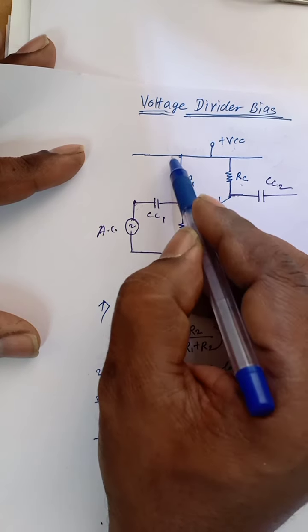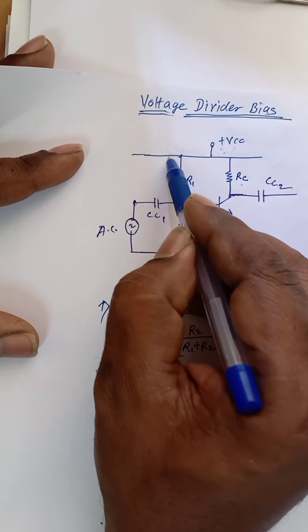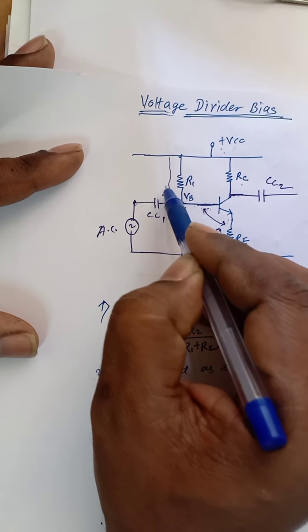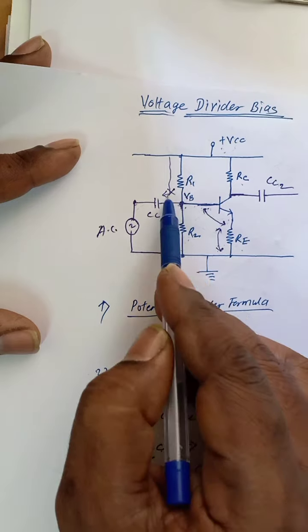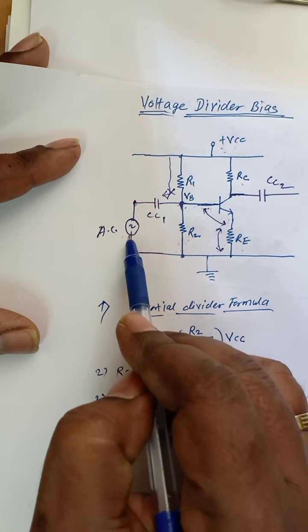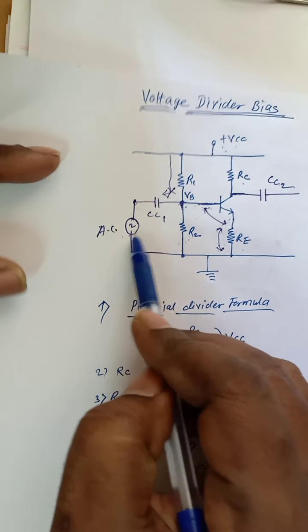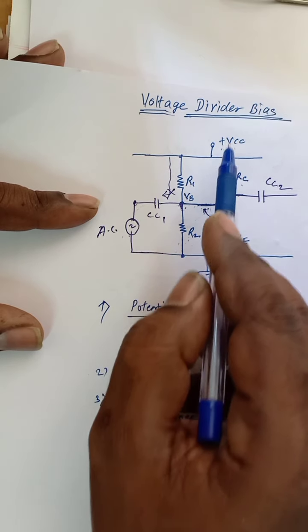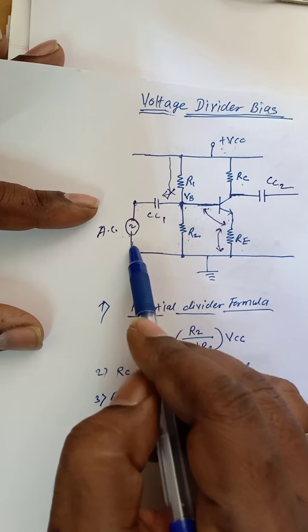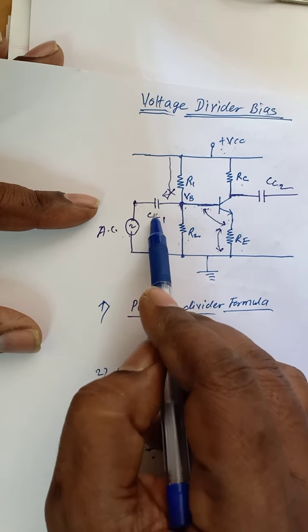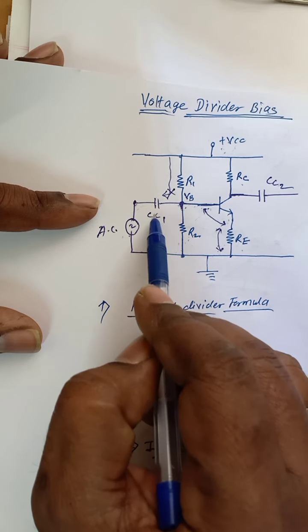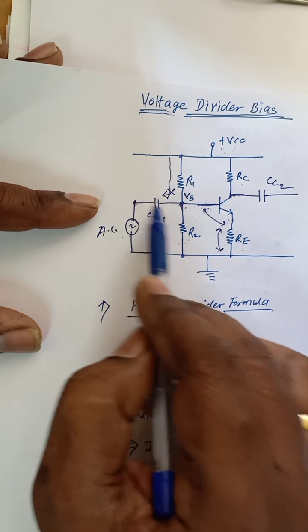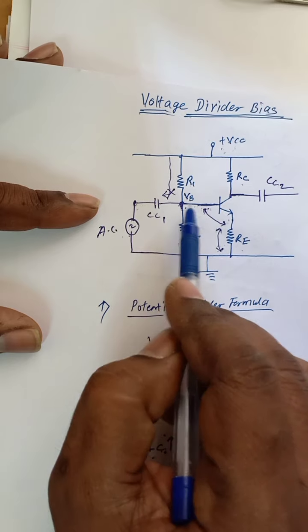Whatever DC current comes from here is stopped at this point and does not enter, because the coupling capacitor stops this current flow and only passes AC from this side to this side.